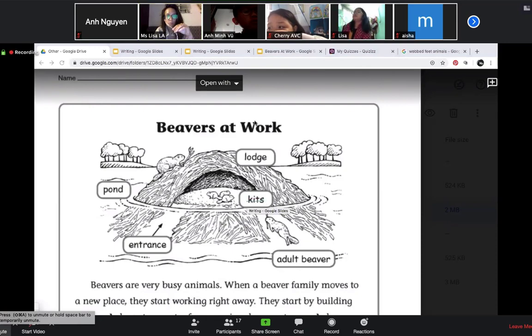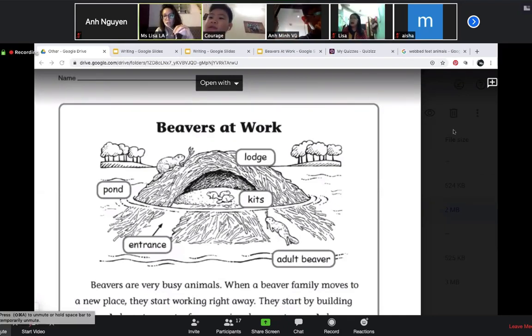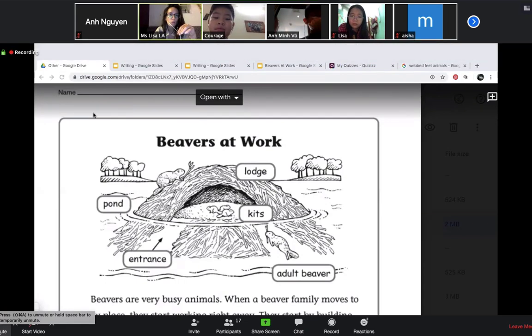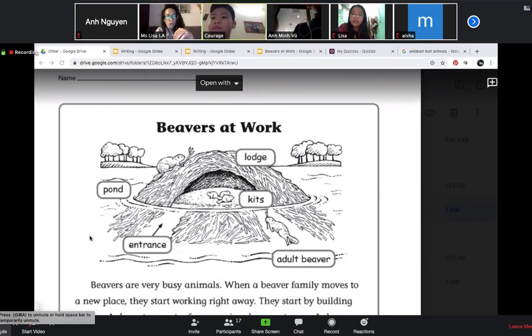I think it is a small beaver. A small beaver or a baby beaver? A baby beaver. Good. Kits are the baby beavers. And the entrance. Ronaldo, what do you notice about the entrance of the beaver's home or the lodge? Where is the entrance going?